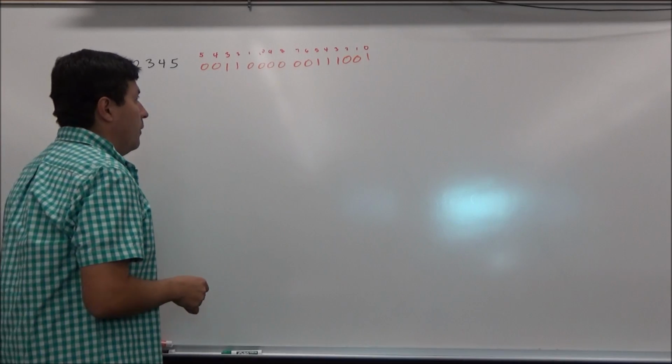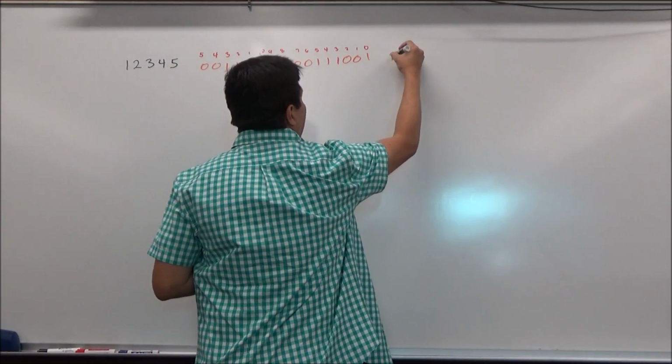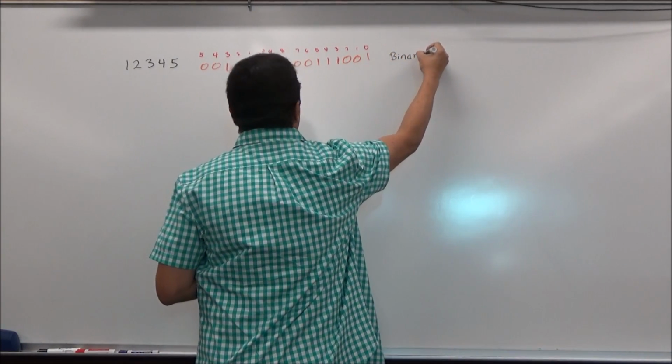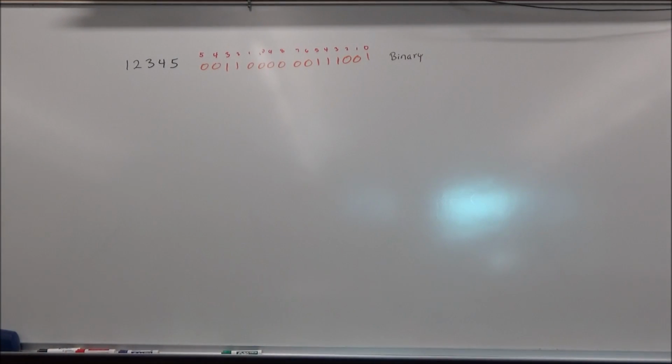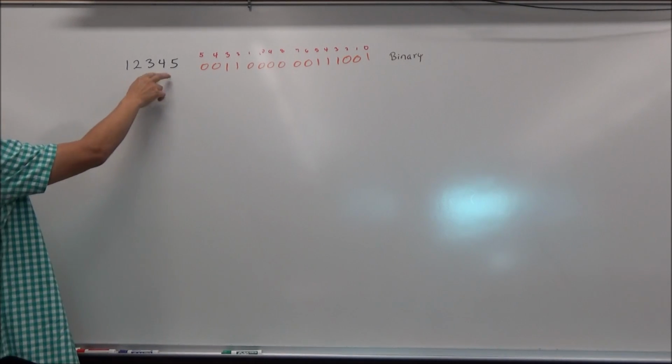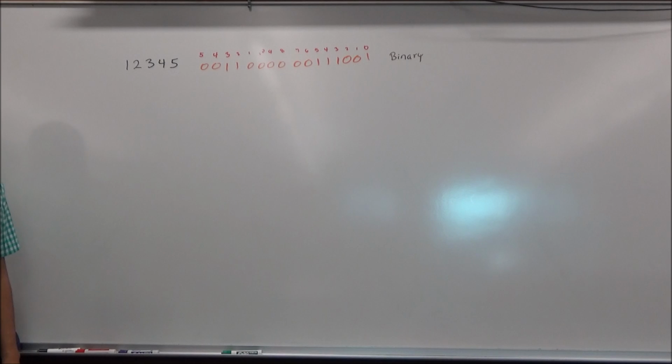This is the binary. But what will be the text? So that means each one will be 8 bits. So the text, what will that be? Let's see. Go to ASCIIcode.com.